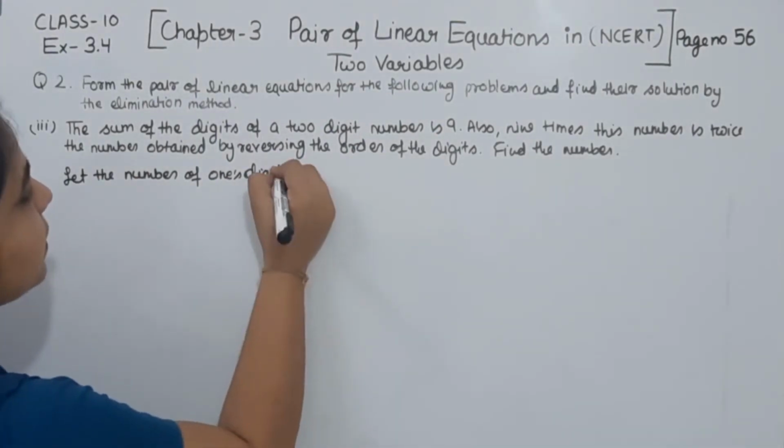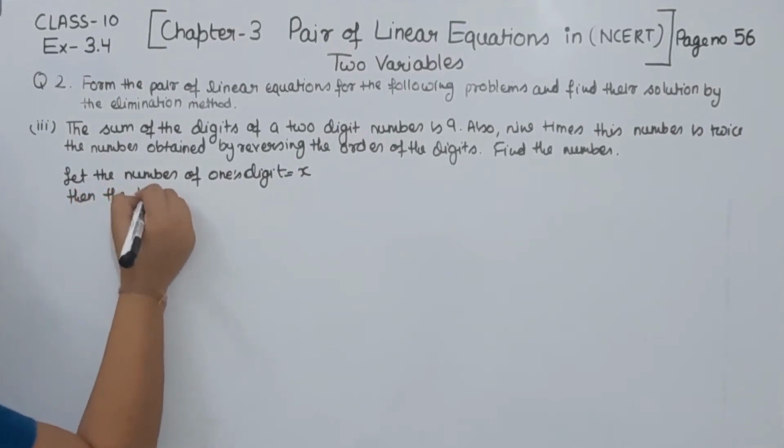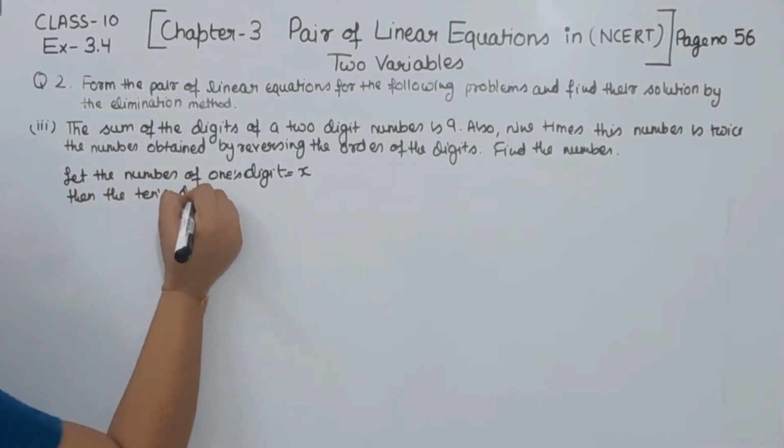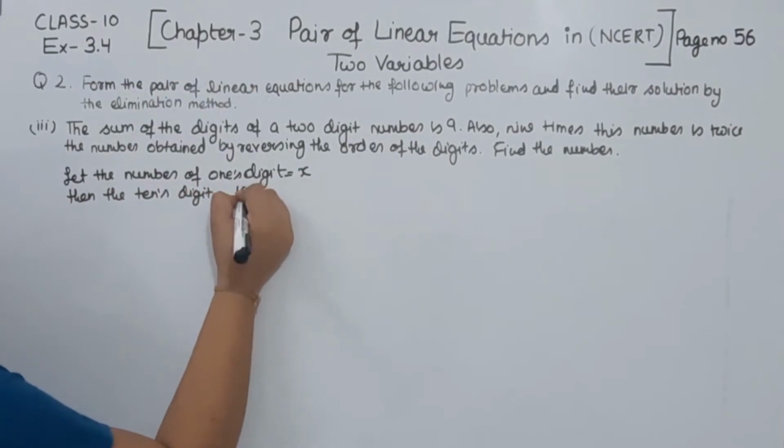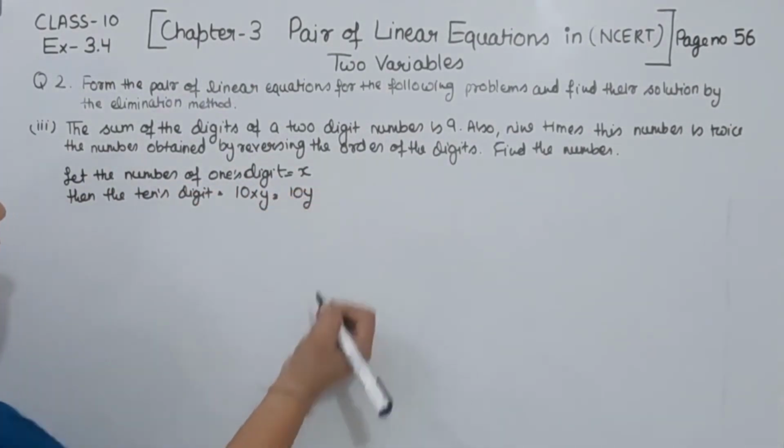I am going to let this one be x. Then the tens digit will be 10 multiplied by y, because it is the tens digit. So this will be 10y.